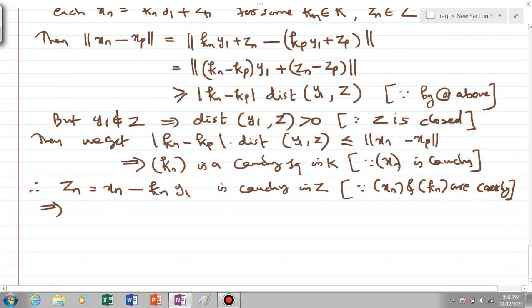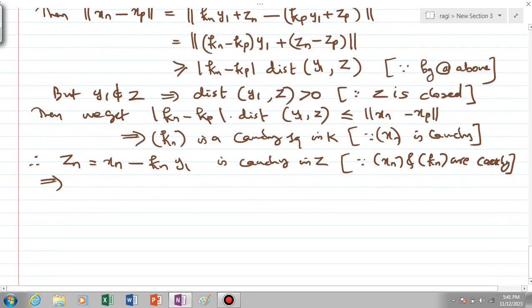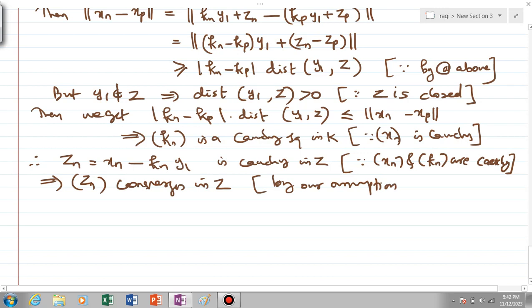This implies the sequence zn converges in Z by our assumption, that is, Z is complete and so every Cauchy sequence converges.